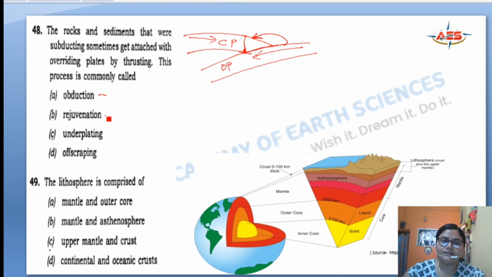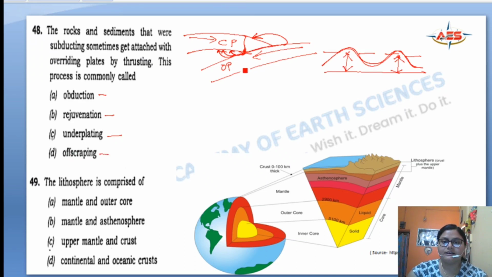Now in case of rejuvenation, rejuvenation is when there is elevation of landmass, when the landmass increases in its height. So the earth will try to equilibrate the elevated landmass by eroding it. So erosion takes place and this process is called rejuvenation. Underplating क्या होता है? When the subducting plate is subducting below the overriding plate, then parts of the subducting plate are added to the lower part of the overriding plate and this is called as underplating.